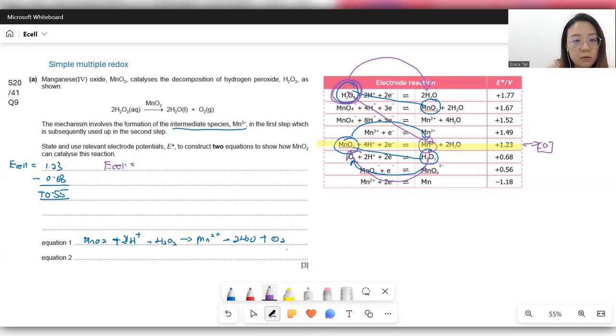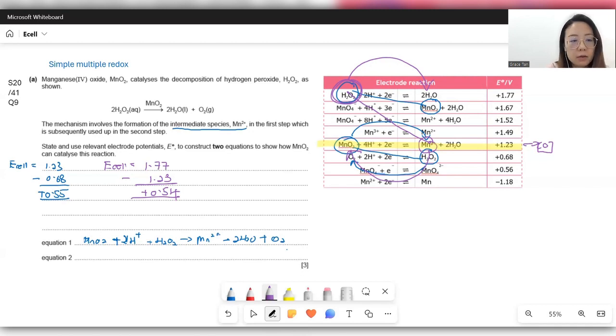Ecell equals the more positive, which is 1.77, minus the less positive, 1.23. The Ecell obtained here would be 0.54. So it's a positive 0.54, indicating that the hydrogen peroxide and the manganese 2 plus ion that we chose is feasible because it's positive.